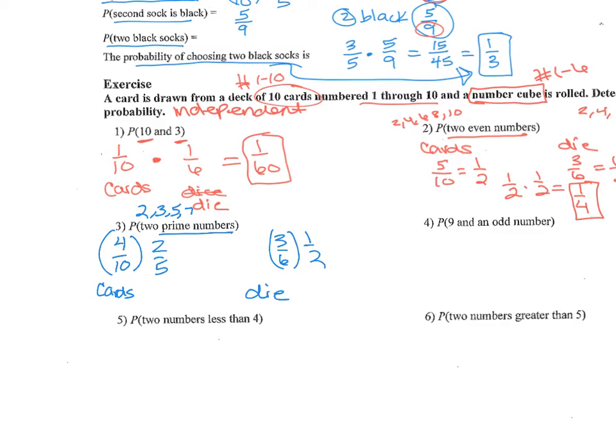Then 2/5 times 1/2, and then multiply those together. That gives us 2/10, and that reduces to 1/5. Good.